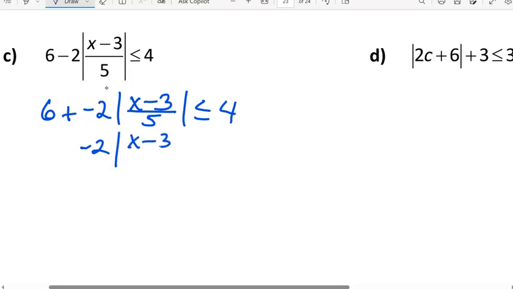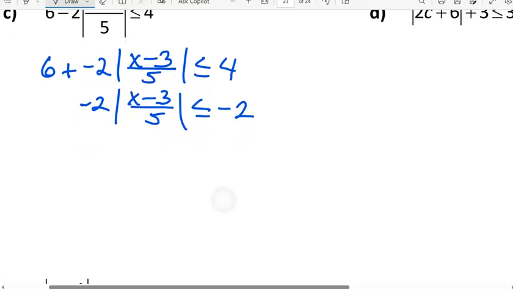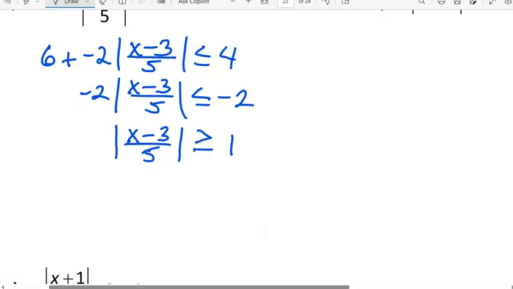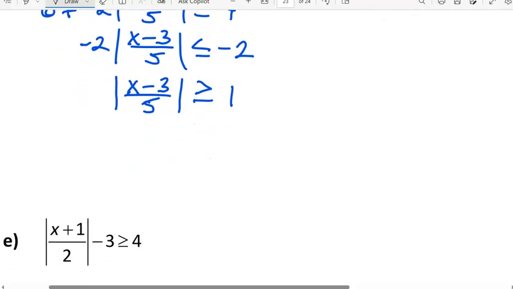So if we subtract 6, 4 minus 6 is negative 2. Next step, we have to undo that negative 2 and think about what the negative 2 is doing to the absolute value. It's multiplying it. So in order to undo it, we're going to divide it out. So negative 2 divided by negative 2 is positive 1. But remember, we divided by a negative number, so that's going to switch the direction of the inequality to greater than or equal to.